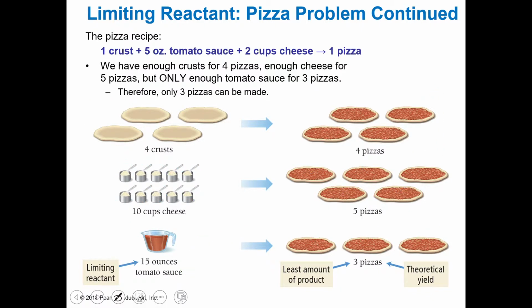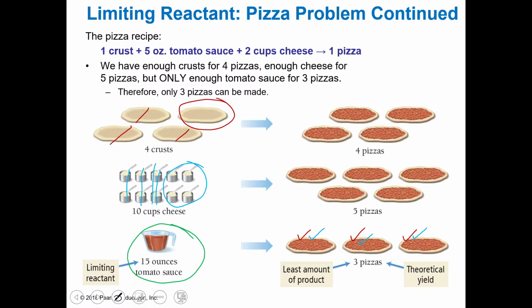What this also means is that if all of this is used up, then I'm going to have 2, 4, 6 cups of cheese used with 4 cups left over, and 3 crusts used with 1 crust left over.